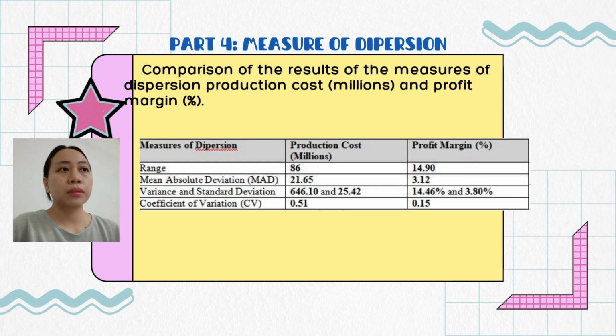Similarly, the mean absolute deviation for production costs is 21.65, showing greater variability around the average compared to 3.12 for profit margins.